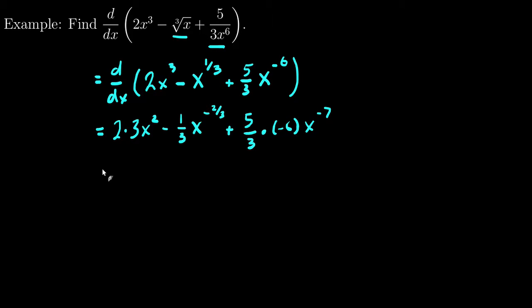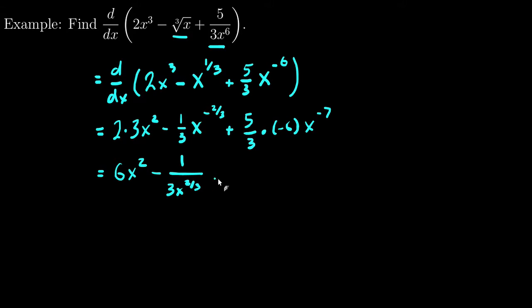And let me clean this up some. So I have 6x squared. I will send this x with a negative exponent to the denominator, so I have minus 1 over 3x to the 2/3. And in here, whenever I multiply an integer to a fraction, I multiply it to the numerator because this -6 is -6 over 1.